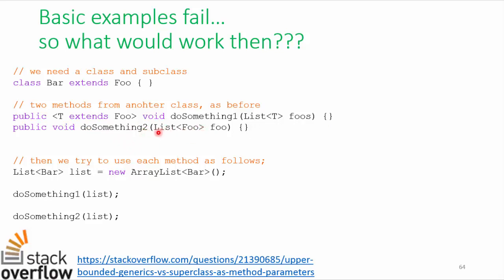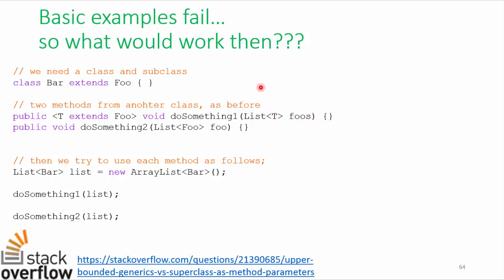We say that it takes one parameter and returns nothing, named foo, and the data type of that parameter is List of Foo. Now, doSomething1 is a version of the same method that uses the concept of a generic method, and more specifically a bounded type parameter. So it accepts a List of T as parameter, foos, plural because it's a list, okay?